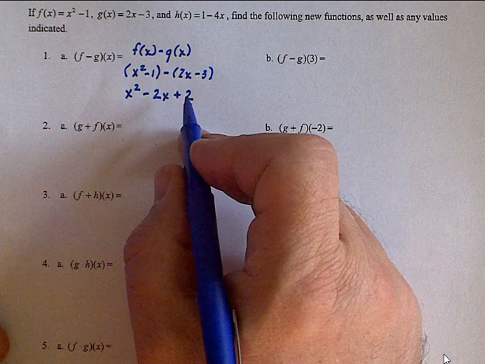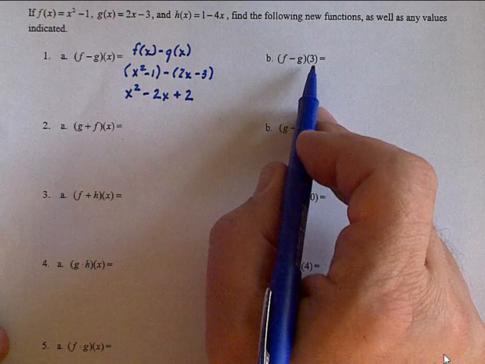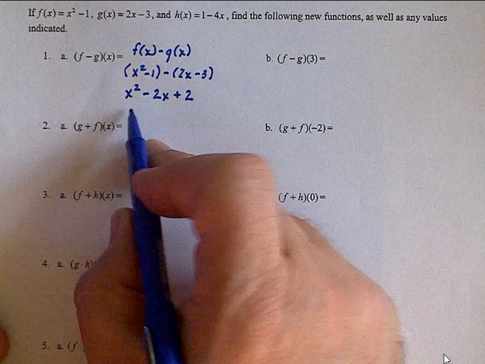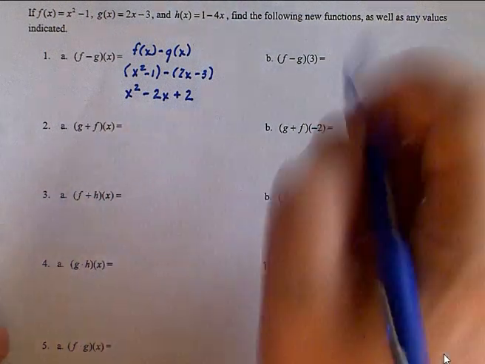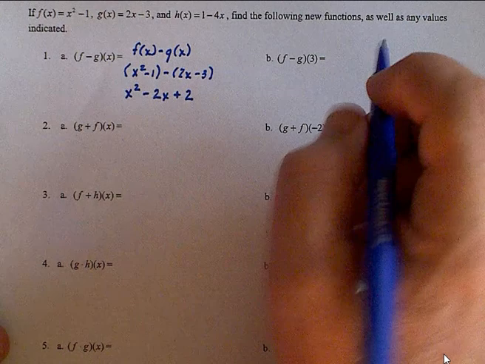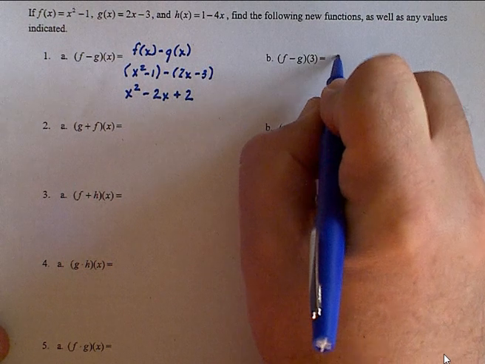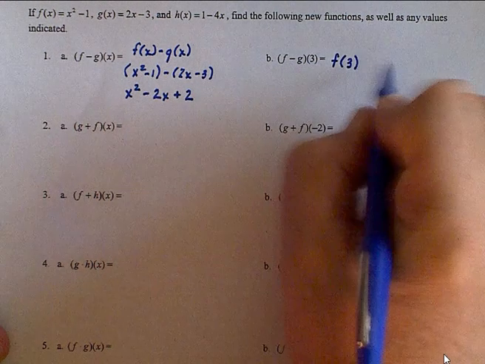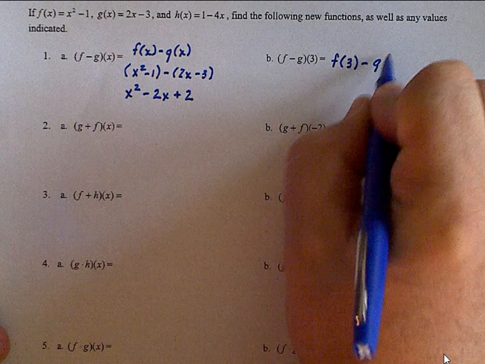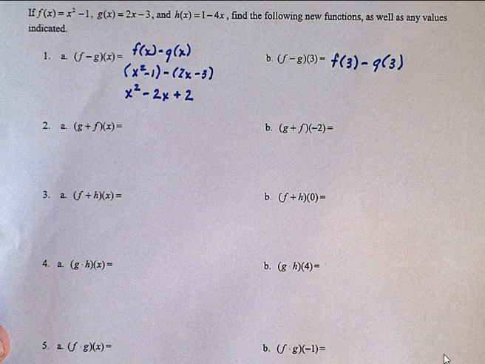Now what I could do for part B is I could take the number 3 and plug it into that. But I'm going to show you another thing I can also do. If I take f of 3, just like I said previously, minus g of 3, instead of subtracting, plug the numbers in first.